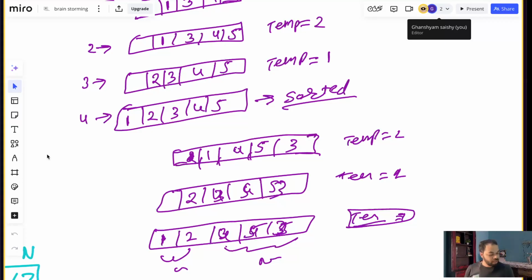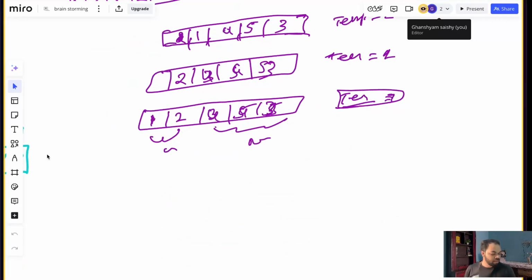What I'll do is start iterating from here. This will become my temporary, and I will go through and try to update each and every index, and as soon as I reach the end of it, I'll move to the next one.